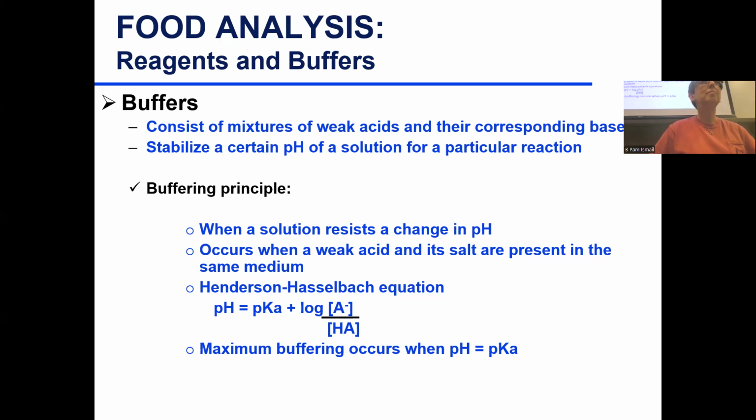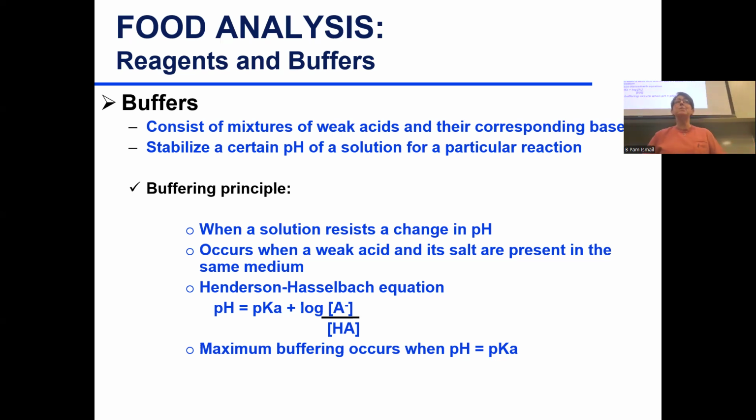When the acid, conjugate base. Yes. Equal. Okay. It's the pH at which we have equal concentration of conjugate base and acid. So the log here of 1 is 0.